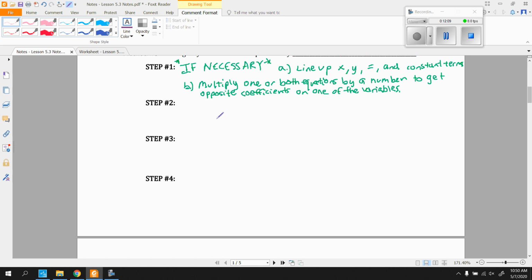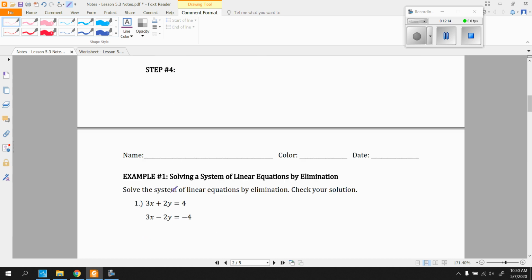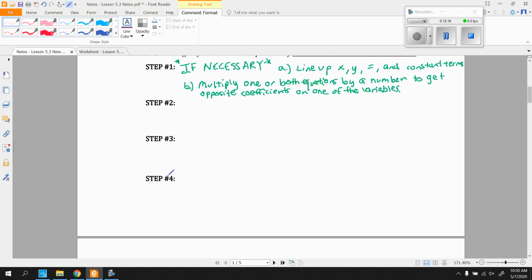Step 2 then. After you have everything lined up, if necessary, and you've multiplied, you've gotten to this situation, we are going to, this is always part of the elimination portion, so you'll always do this. Add the 2 equations by basically adding each column.